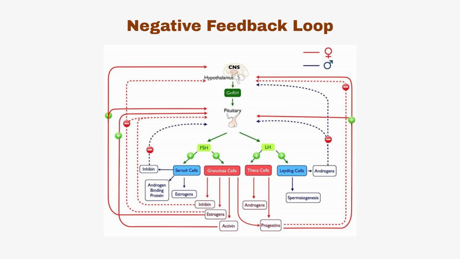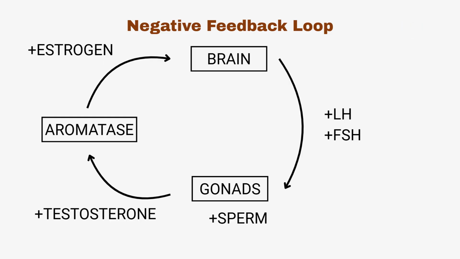And it's going to work on the negative feedback loop, which is a very complex photo, so I'm just going to simplify it a bit to keep this nice and quick. Negative feedback loops are used for multiple functions in your body, not just what I'm about to explain. But the one that I'm going to explain is going to relate to the function of the drug.